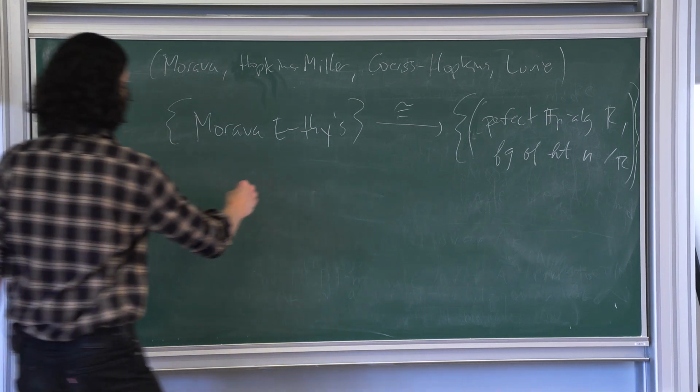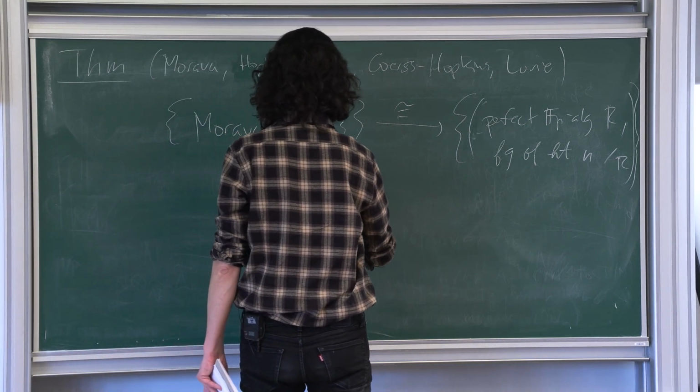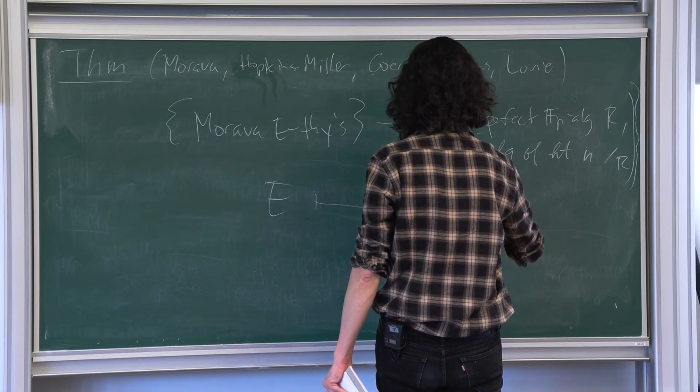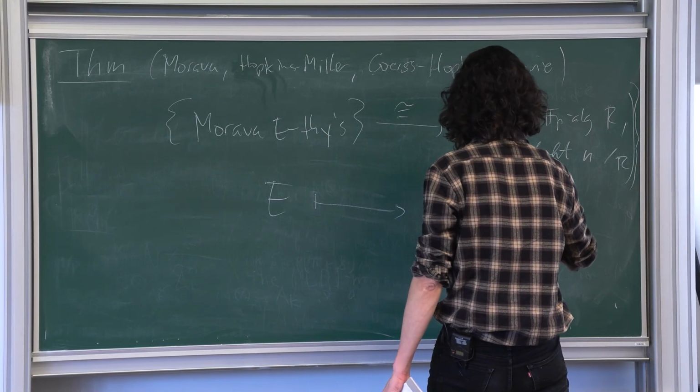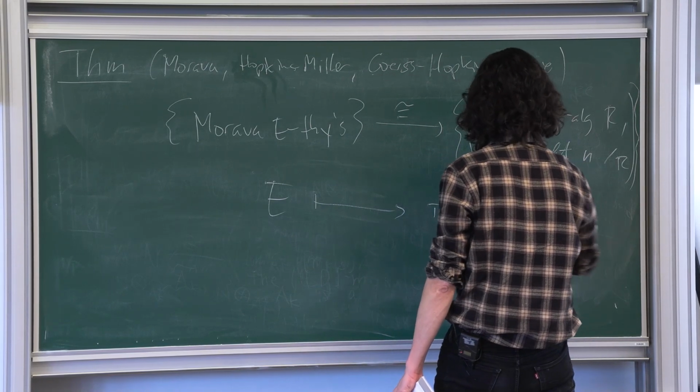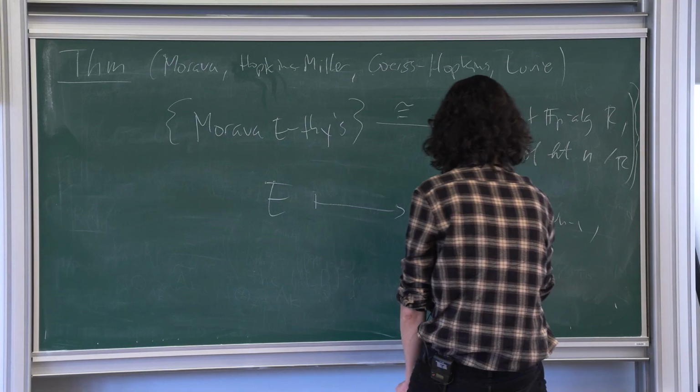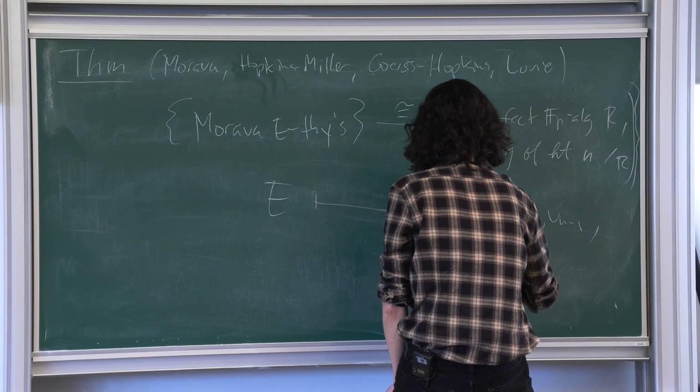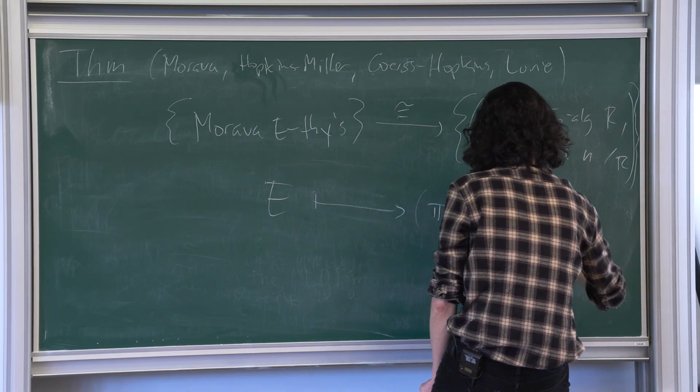And what you do is you take E and you send it to π₀ of E mod (p, v1, ..., v_{n-1}), equipped with the base change of the Quillen formal group.